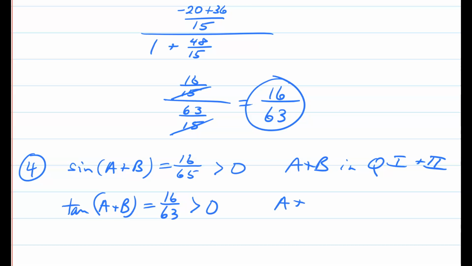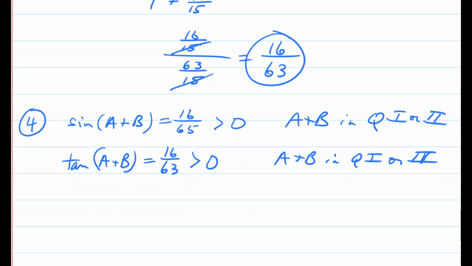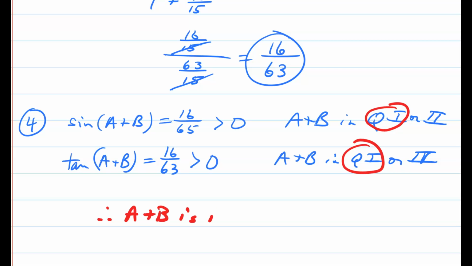And that means a plus b could be in quadrants 1 or 4. And I should have said or up here for the sine as well. Now, I think when we look at this, it's pretty easy to see that the quadrant that occurs both times is quadrant 1. And so we conclude, therefore, a plus b is in quadrant 1.